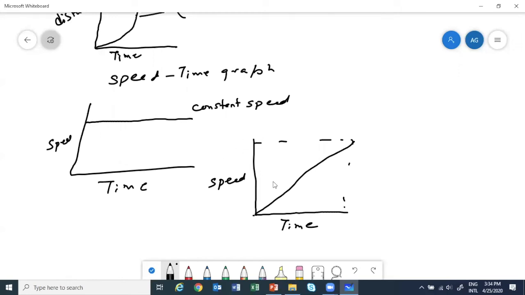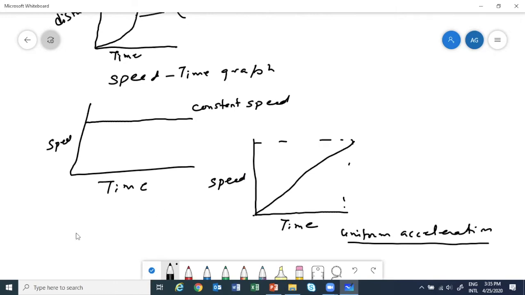Okay, and this is called uniform acceleration, right? Speed increases with time, and the value of acceleration from the speed time graph of a moving body we will study later.